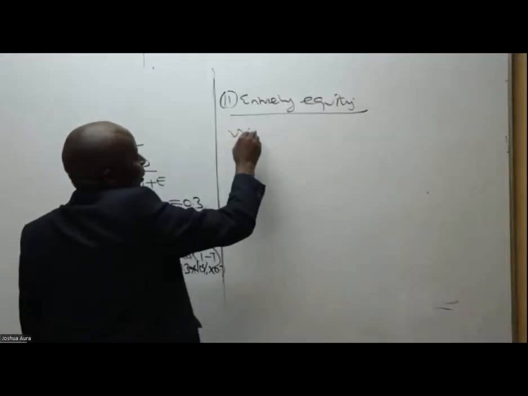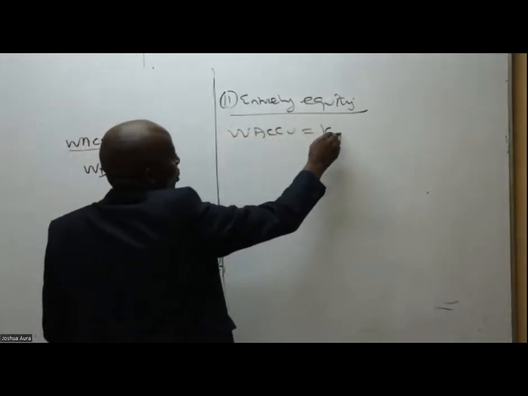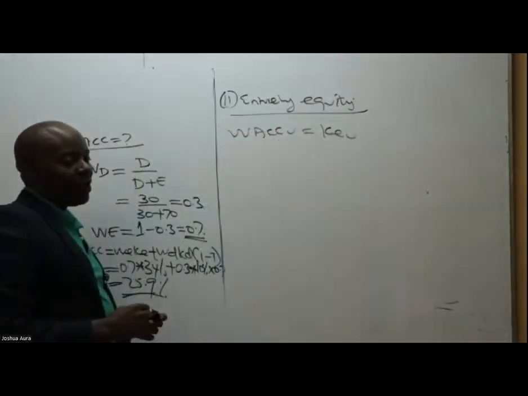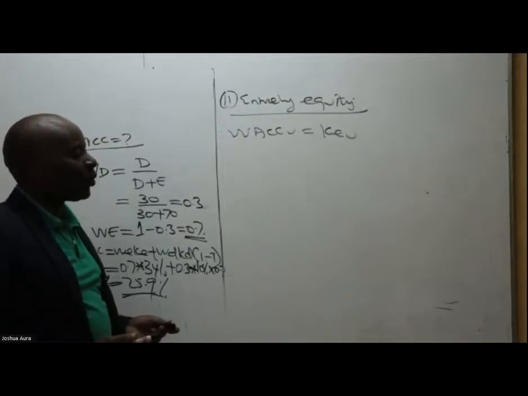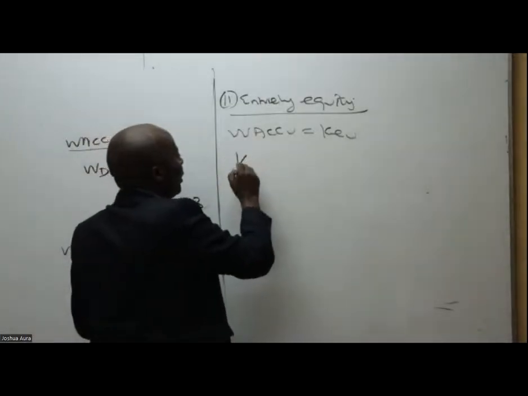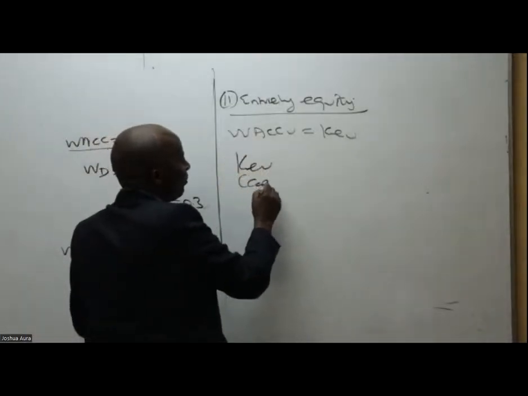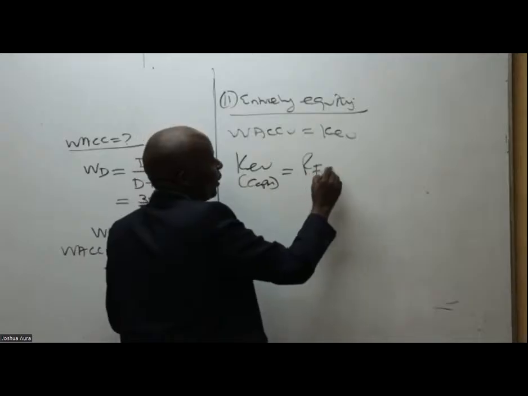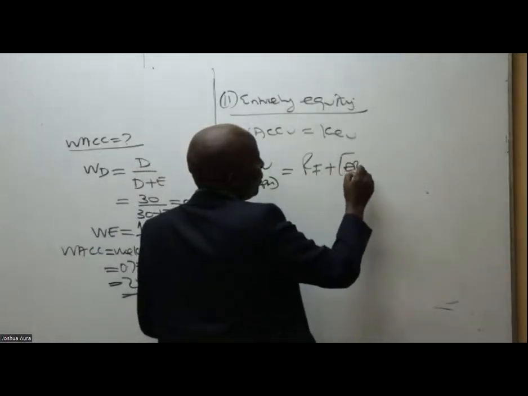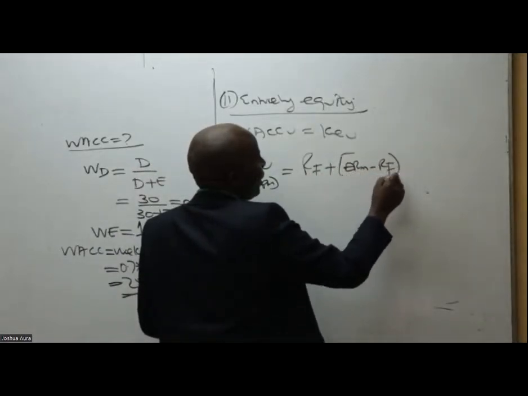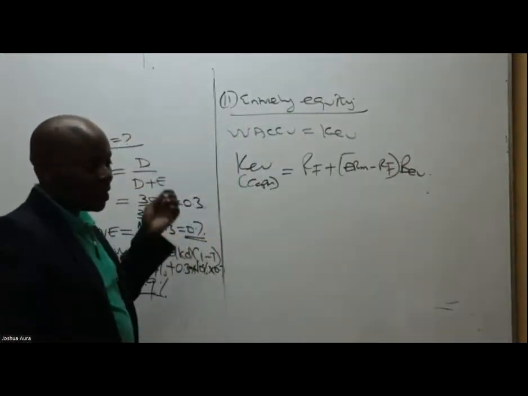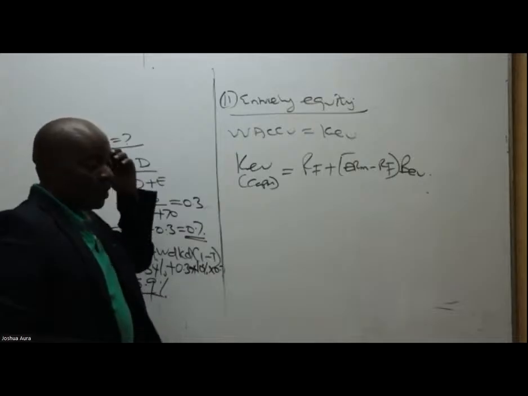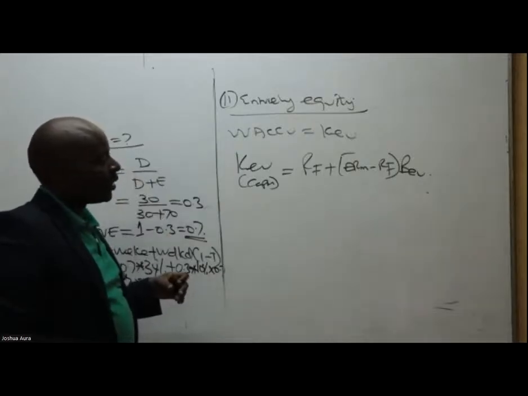Entirely equity, I know WACC of the unlevered firm equals Ke, the cost of equity. To get Ke using CAPM, I take the risk-free rate plus market returns minus risk-free, multiplied by beta.